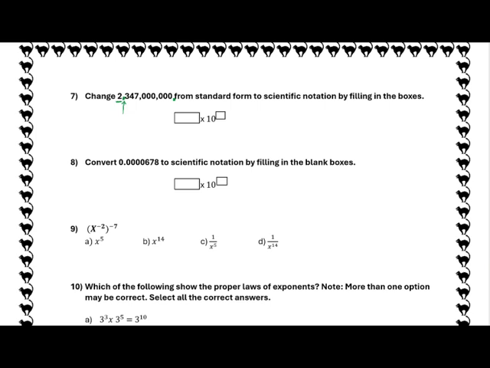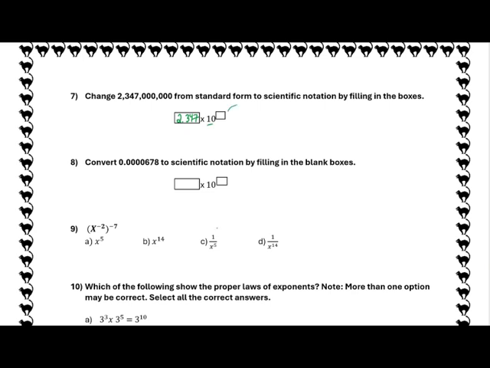Okay, so I know that this chunk right here is what I'm going to be writing in this box, 2.347. Okay, I don't include all these extra zeros. That's what's nice about using scientific notation: I don't have to include those zeros because I'm going to simplify it by putting this big number into scientific notation with the power of 10.